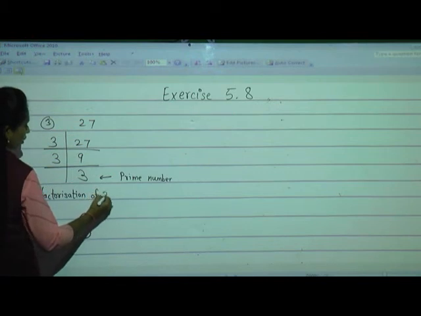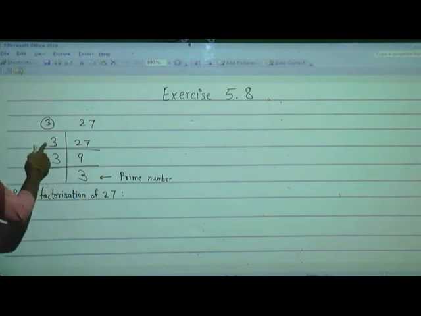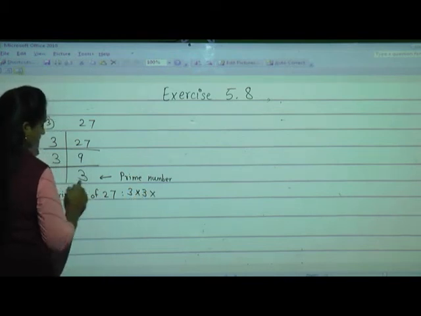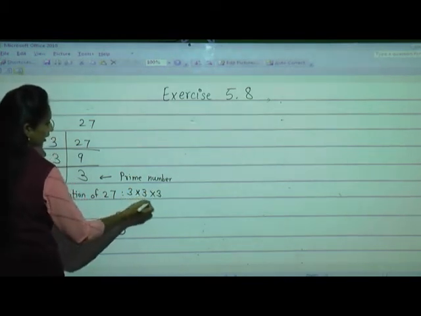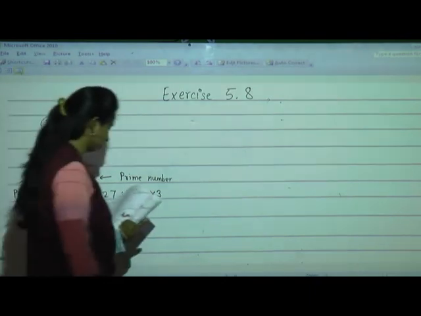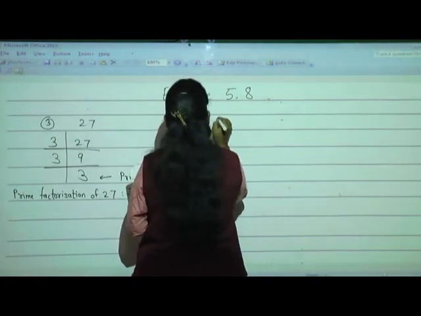Prime factorization of 27. See, 3 multiplied by 3 multiplied by 3. 3 3s are 9, 9 3s are 27. Understood? Now next, I'll solve the fifth one for you.